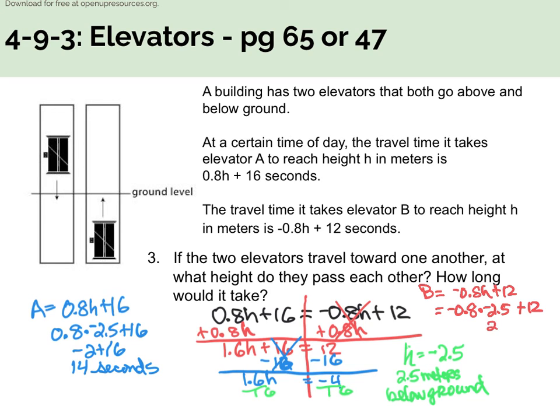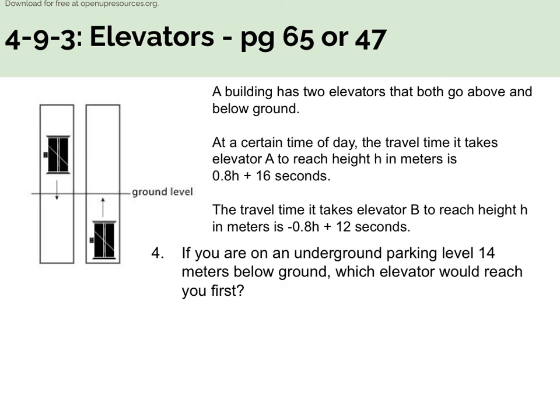That is 2 and then plus 12. 2 plus 12 is 14 seconds. So notice how on both of those, it takes 14 seconds for both elevators to be at the same spot at the same time, and that will be below ground at 2.5 meters.